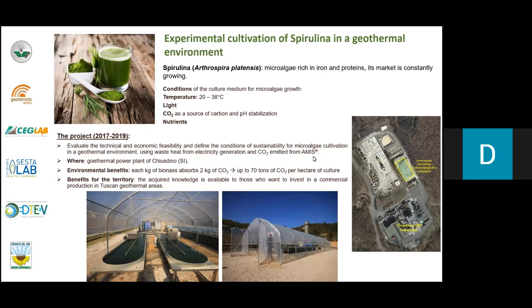And so the concentration of CO2 in non-condensable gases from a power plant is about 90%. So the concentration is rather high.